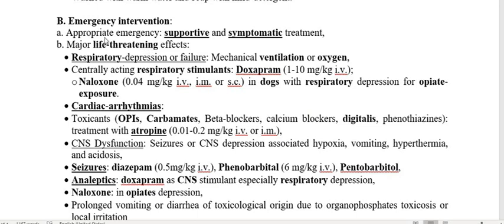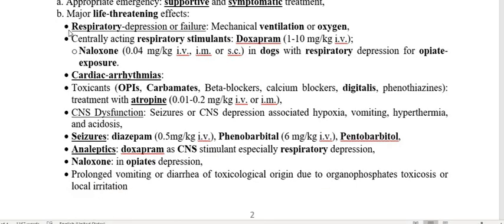The major life threatening effects in a poisoned animal are respiratory depression or respiratory failure. So if the animal is going through respiratory depression or respiratory failure, then you have to provide ventilation or oxygen supply to the poisoned animal.